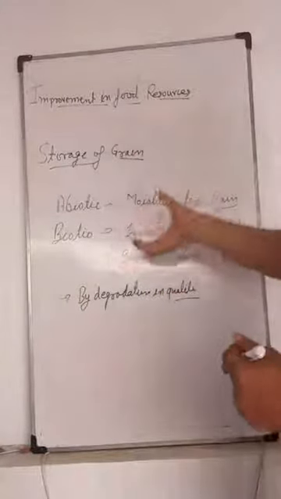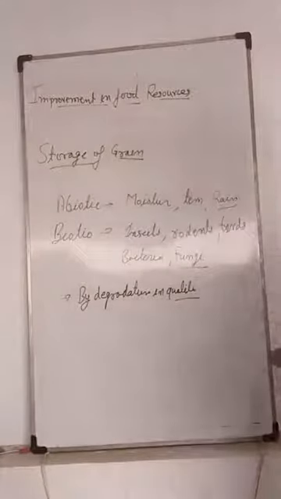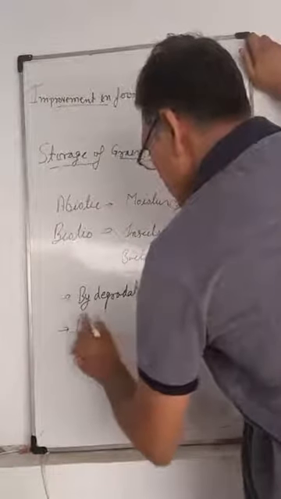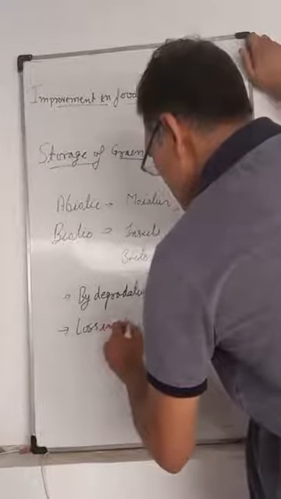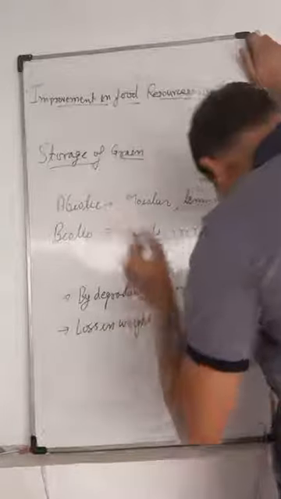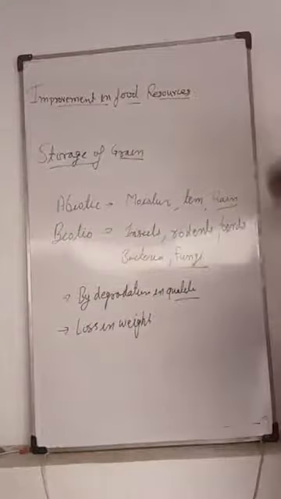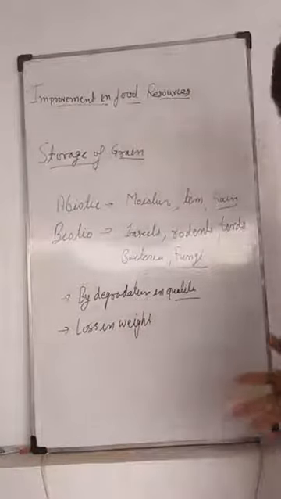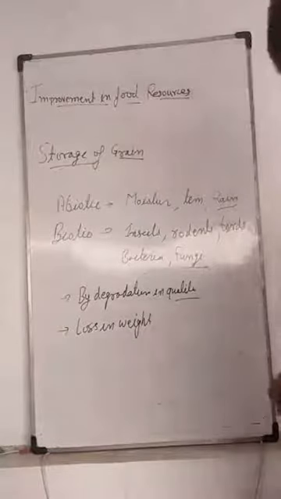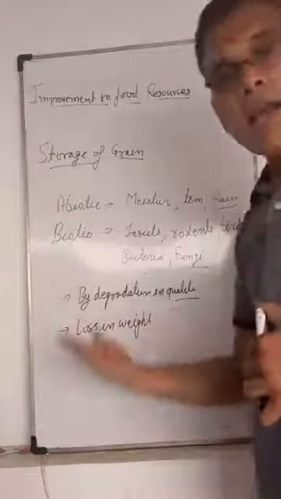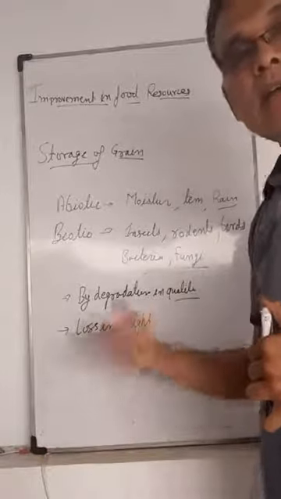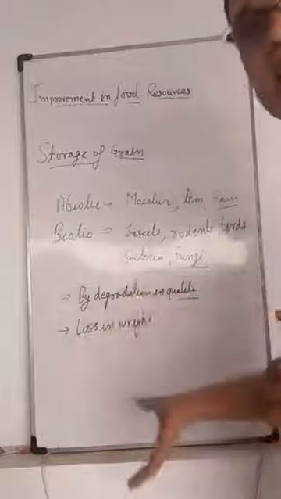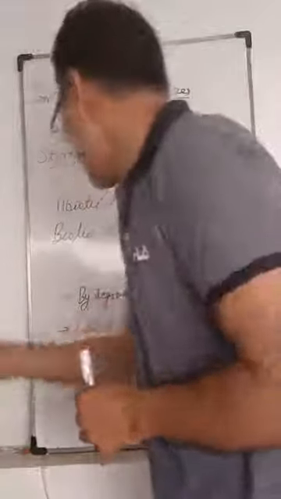These insects, pests, and moisture degrade their quality: loss in weight, poor marketability, cutting of grains, or contamination with animal excreta, their hairs and other things. By mixing of these things, they degrade the quality of stored grains.